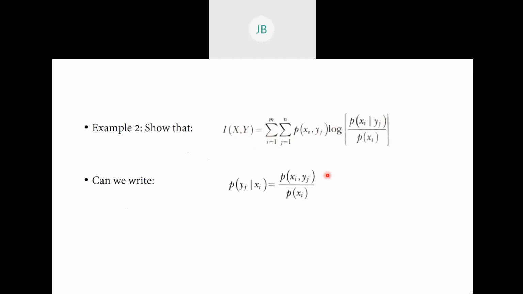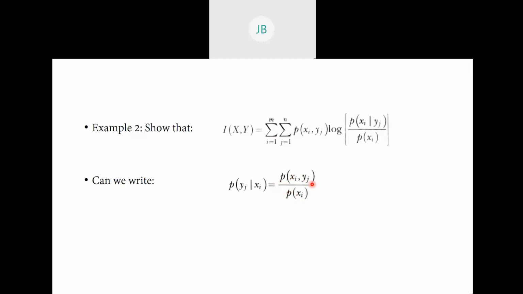So can we write the conditional probability of output, that is probability of yj, when we are sure about xi, is equal to the joint probability between input and output divided by the probability of input. This is a well-known equation from the Bayes theorem or Bayes relation.